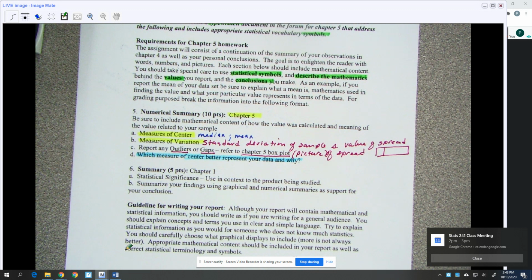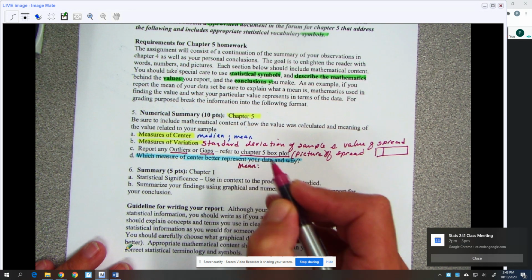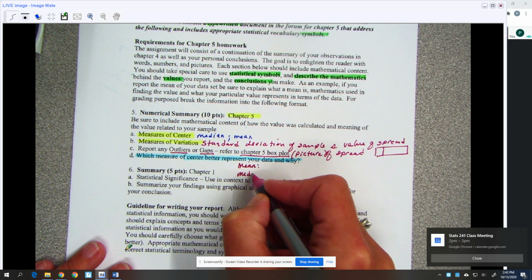Mean. Why the mean or when? You know what? Sometimes it is the mean. You're right. And sometimes it's the median. So I'm going to write that down. Sometimes it's the mean and sometimes it's the median.